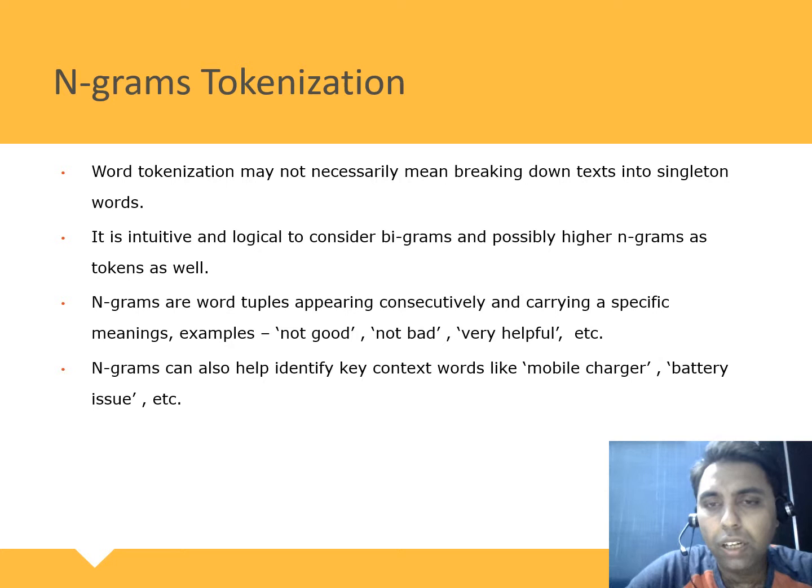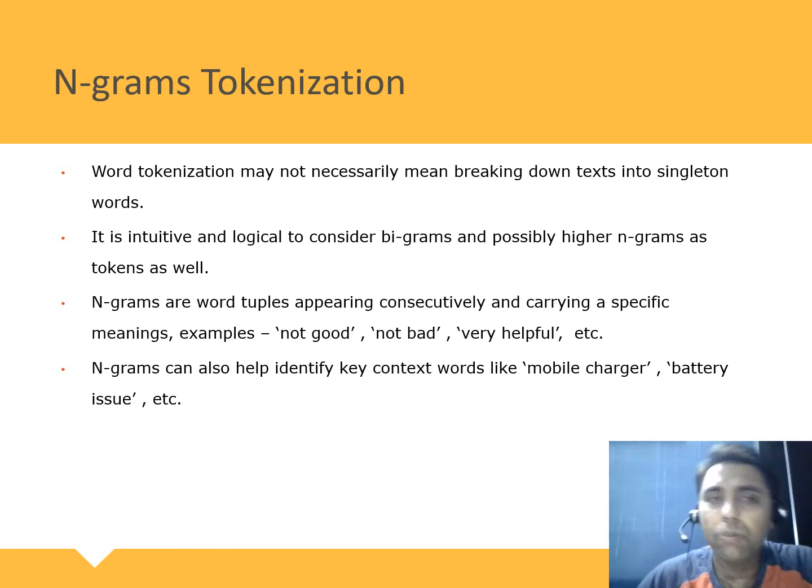So in this kind of data, if you construct some bigrams with one of the words being the name of a product, for example, if you look at all 2 grams or all bigrams where the word mobile is present, then you can immediately understand that whatever representation you get is actually about the specific product mobile phone, because there can be reviews about multiple products as well. So these intrinsic challenges of working with text data become a little easier to handle if you look at not just words in isolation, but also their combination with other words.